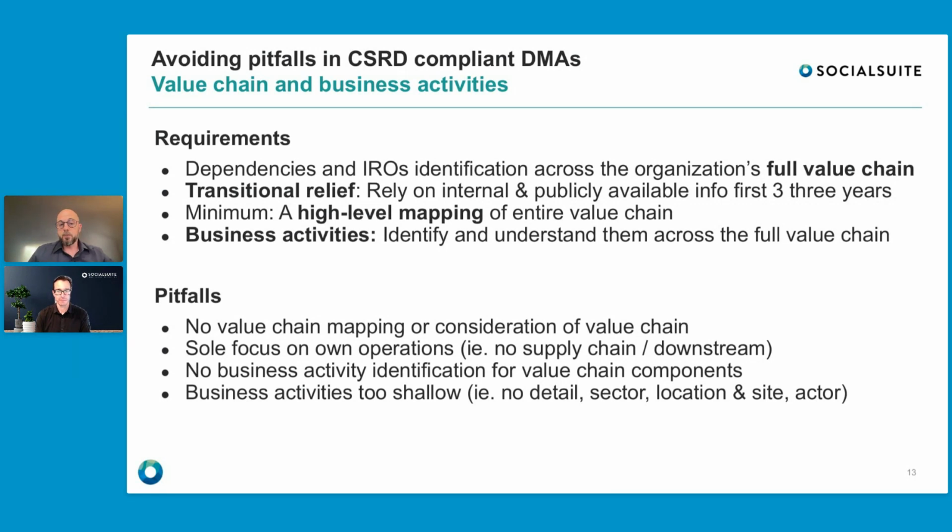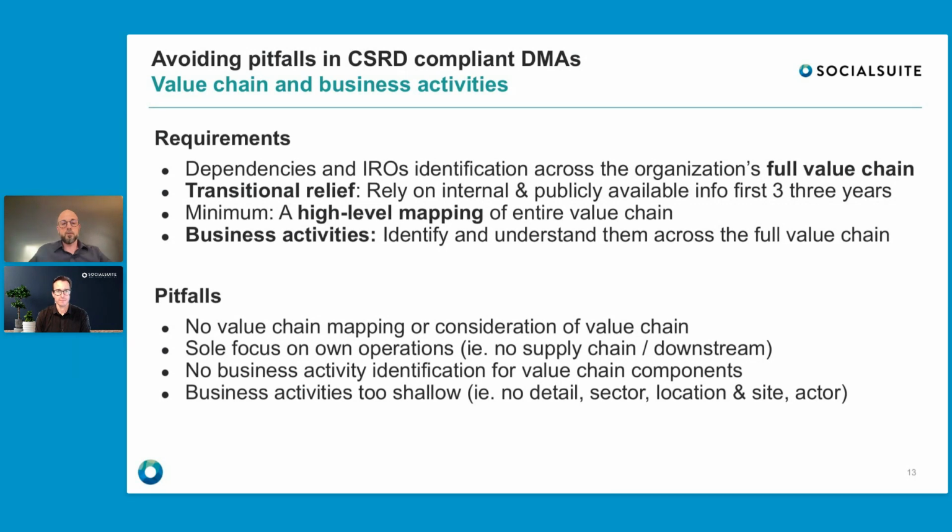So, for example, when we talk about the full value chain, we're talking about the full life cycle of products and services as well. Everything from extraction for some products to not just your direct customers, but also end users. And then if you're producing a product, what's the end of life cycle and how is that being disposed of?